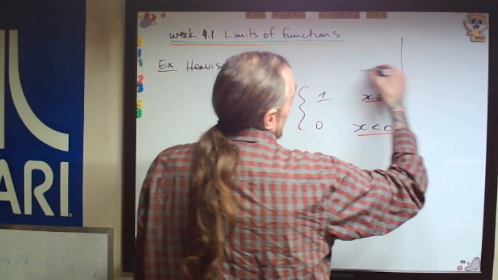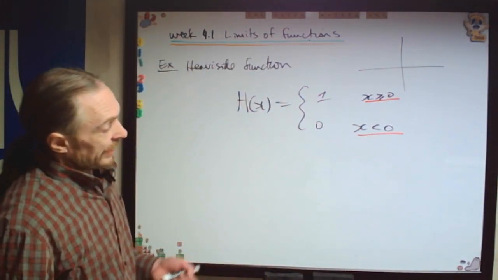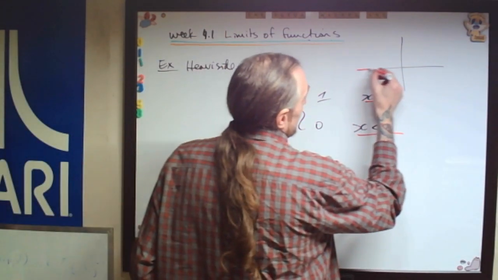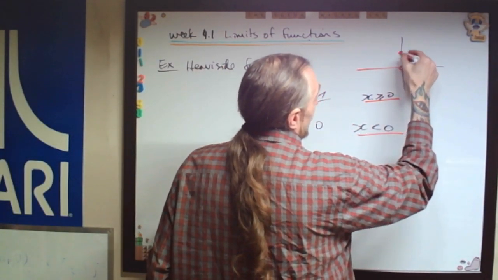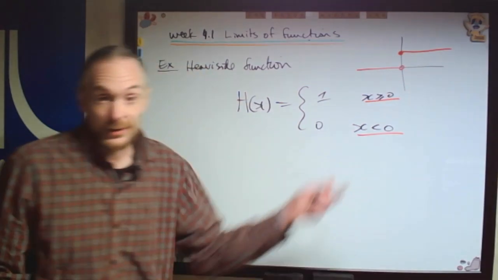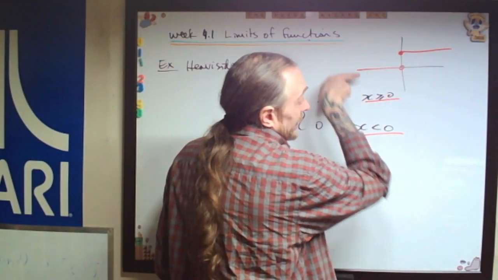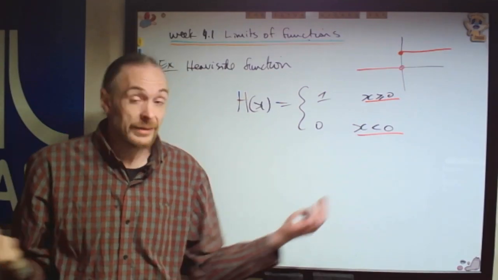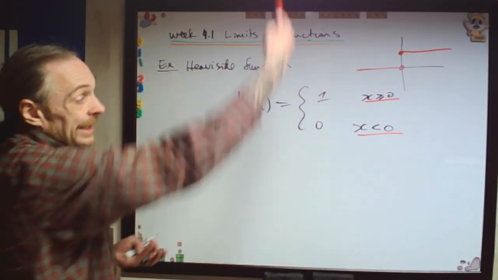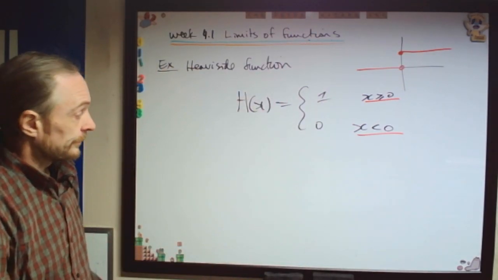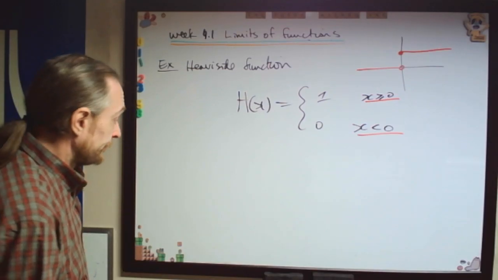What this function looks like is 0 here, and then 1 here, but at 0 you can already see from the picture the left-hand limit is going to be 0 and the right-hand limit is going to be 1, so the left-hand limit doesn't equal the right-hand limit, so the limit doesn't exist at 0. Everywhere else it will. It'll just be a constant.